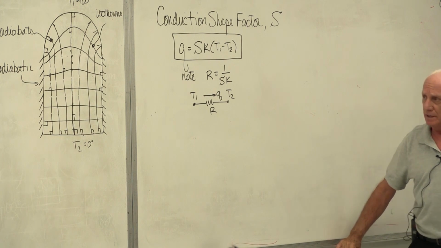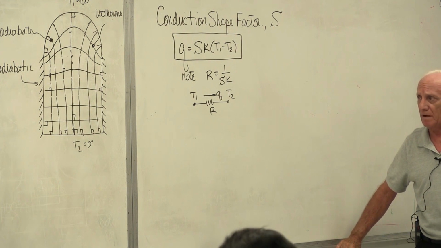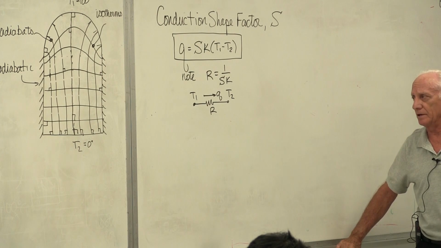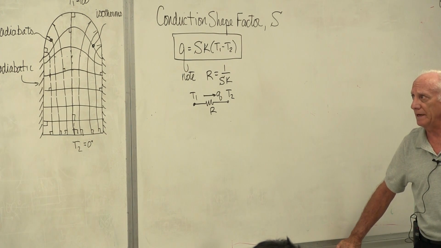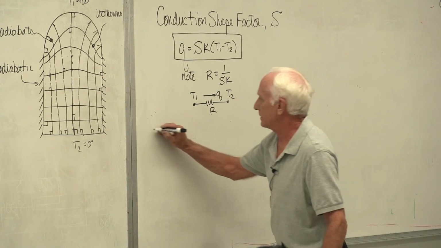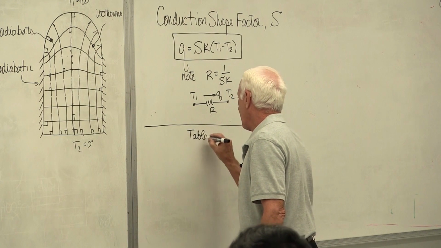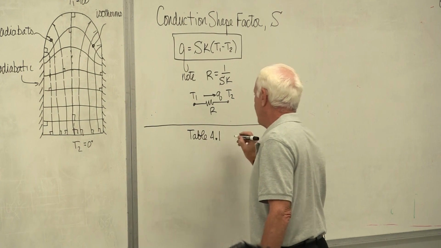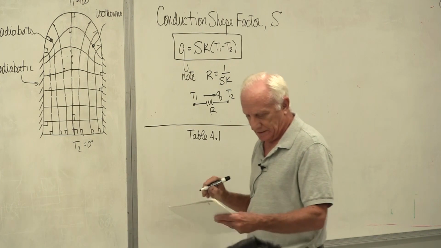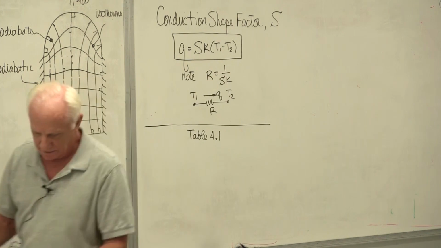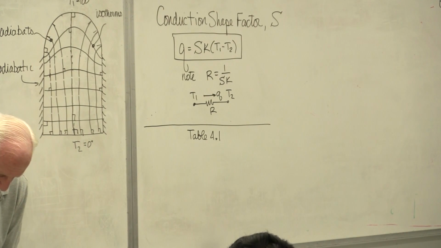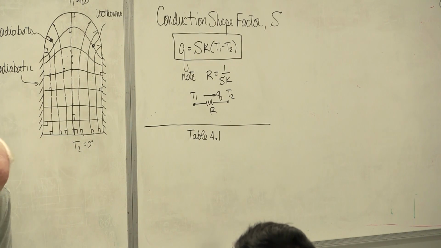So you could modify the previous problems with this particular resistance, 1 over SK. Now we go to table 4.1 to get the values of S. I'll put a couple up here for you.